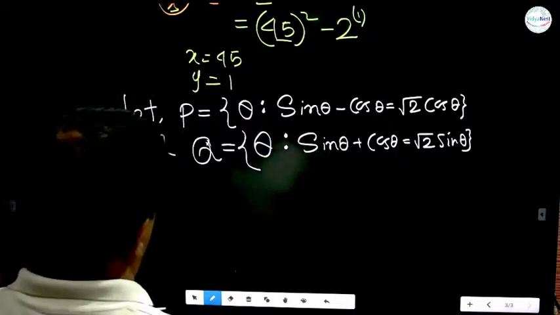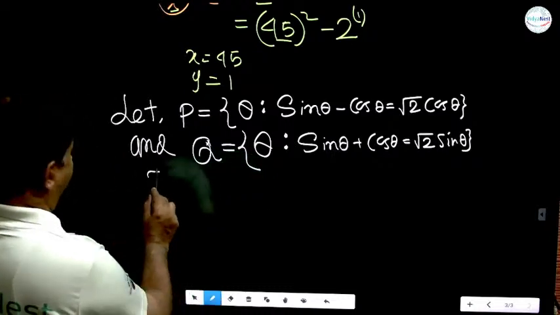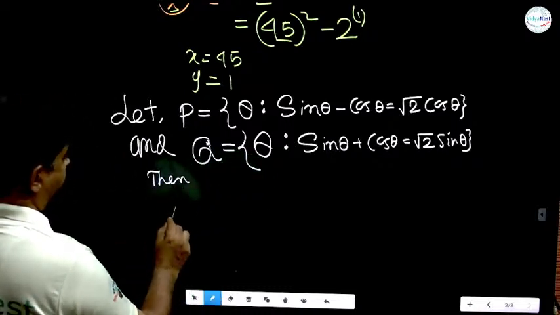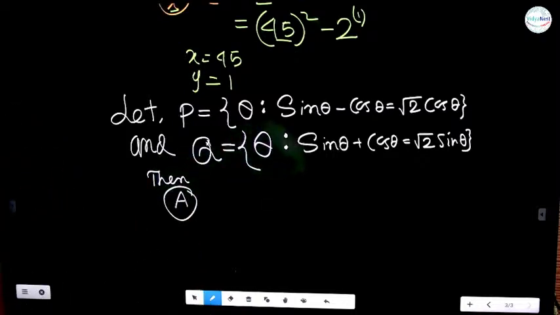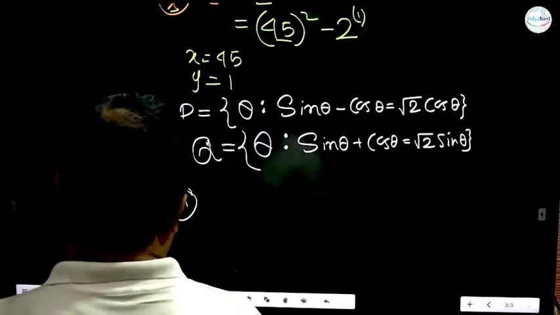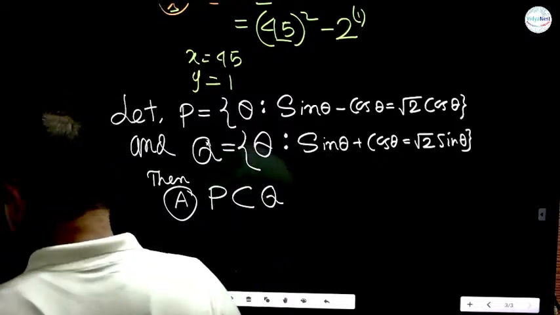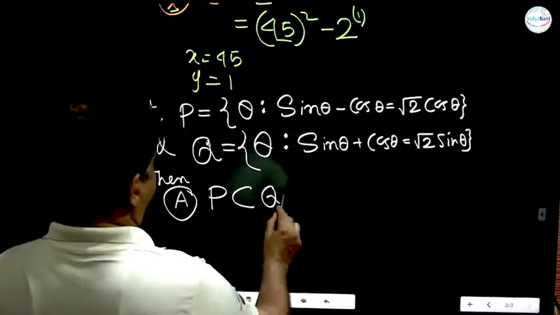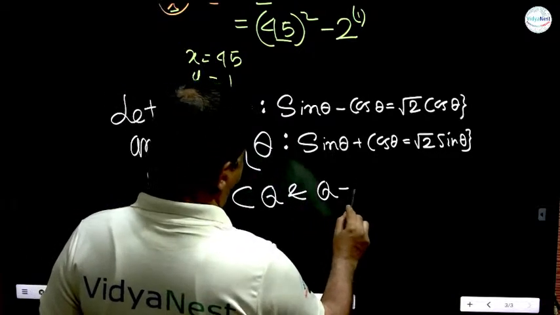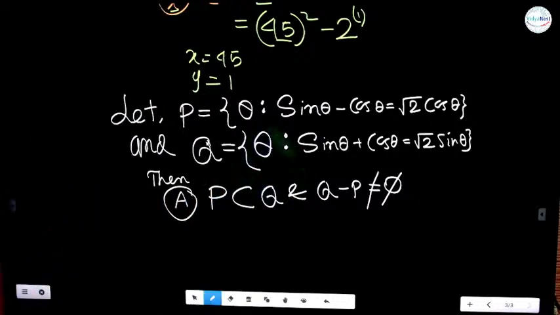Then how will these two sets P and Q be related? Option A, P is a subset of Q. And not null.